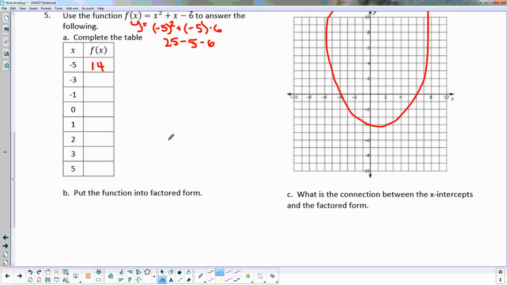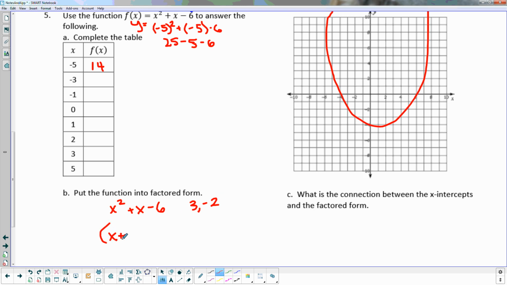And then they want us to put it into factored form. What that means is take this x squared plus x minus 6 into factored form. Well, if I think of two things that multiply to give me -6 and add up to give me +1, that's seeming like a 3 and a -2 to me, mainly because I've done this a lot.